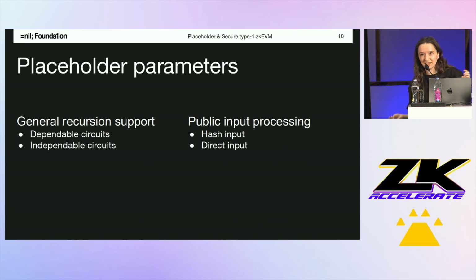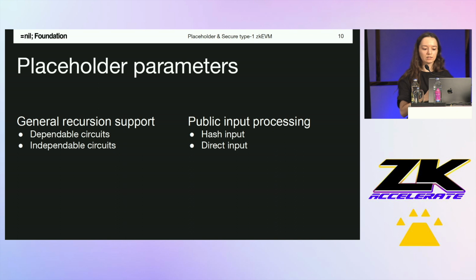But if we have some intermediate variables, it becomes more complicated, and we need a new structure. We call it a shared public input. So you need to use another Merkle tree for additional columns. It's not so easy, but we have dependent circuit support.